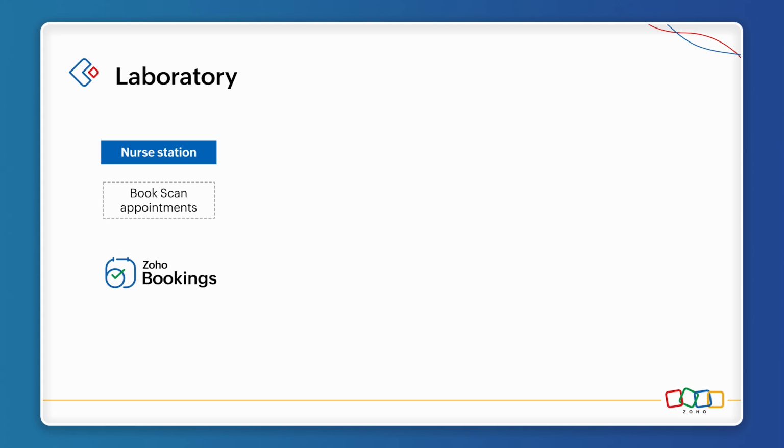So once the booking of an appointment is done, the patient will be taken by the nurse station. They intake the patient and they will collect the particular requirement, if it is a blood sample or if they're going for an MRI or any other scanning. Once they perform the particular requirement, they will send the results.